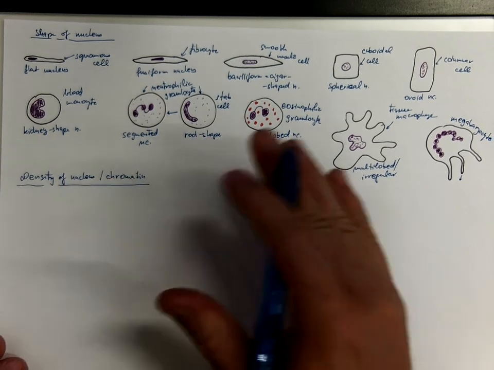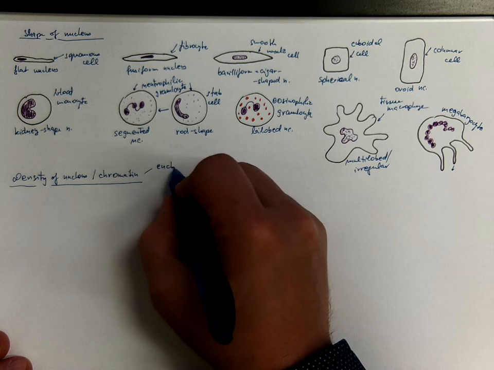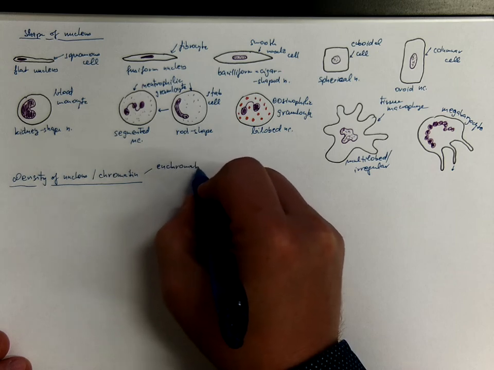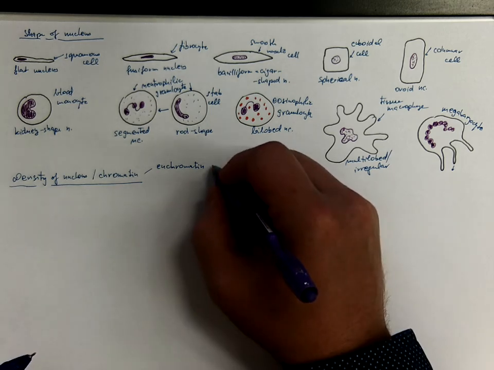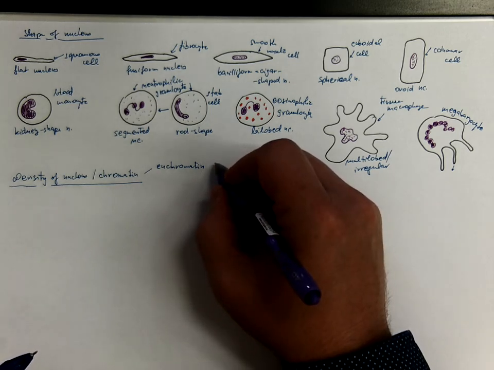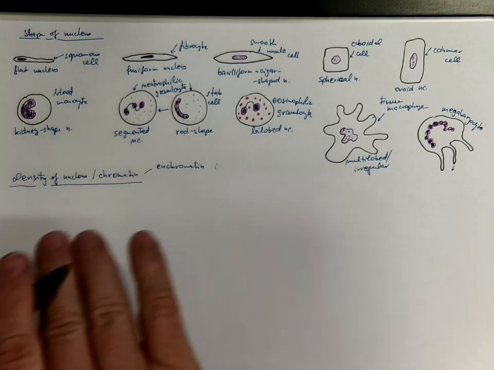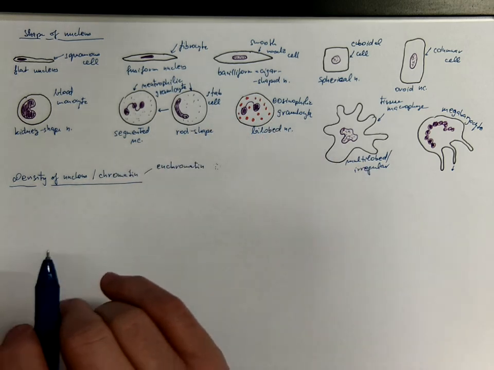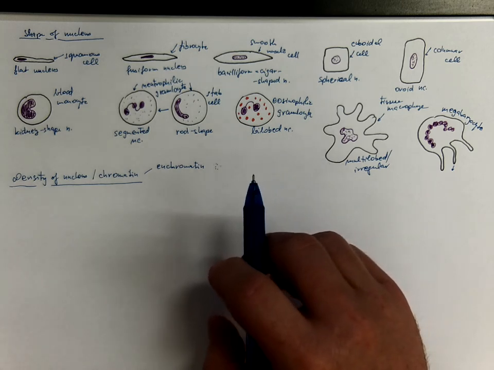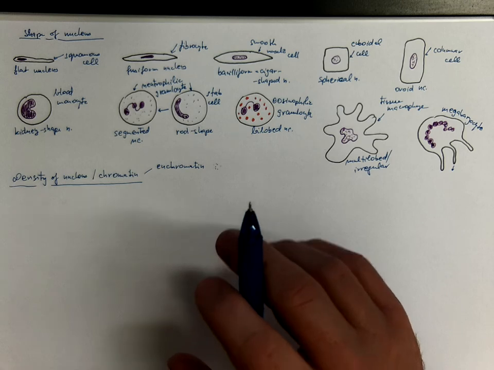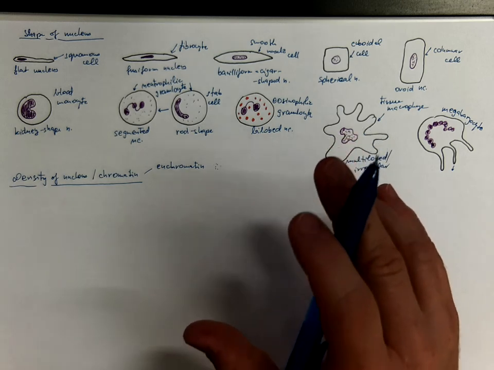And the 2 extreme forms are the euchromatin, an optically light form of chromatin. You don't see any larger structures there. The DNA is despiralized with a low condensation, is accessible to transcription enzymes.